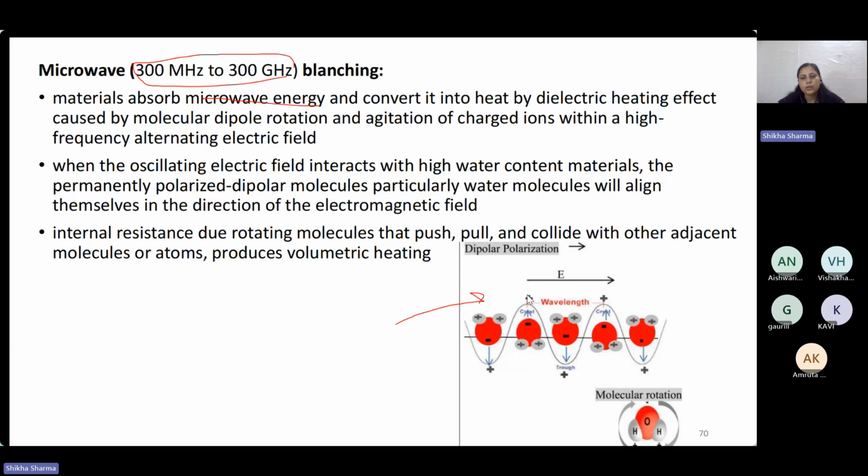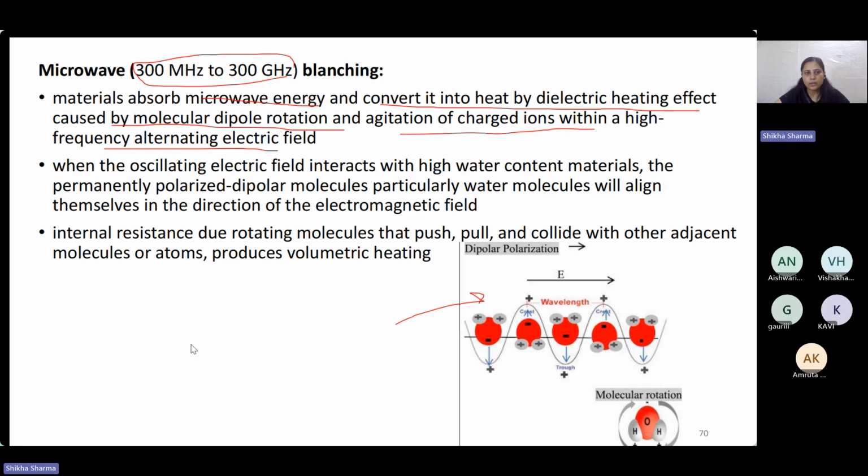The material absorbs microwave energy and converts it into heat by a dielectric heating effect caused by molecular dipole rotation and agitation of charged ions within a high frequency alternating field.